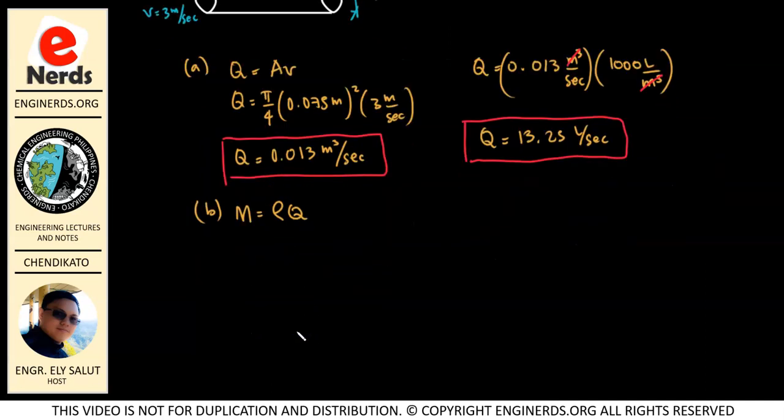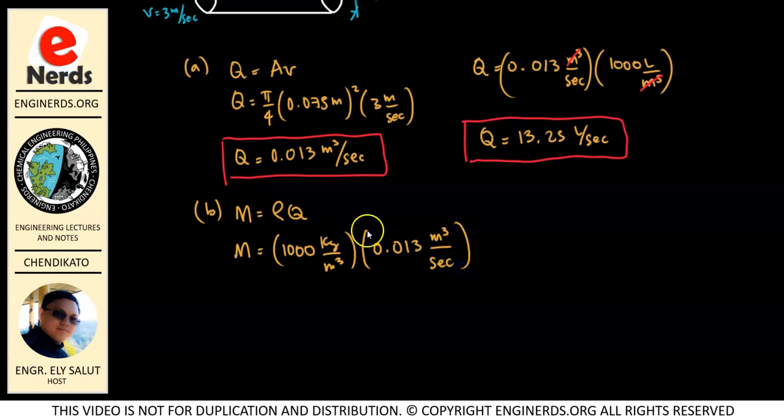So our M is equal to the density of water, which is 1000 kilograms per cubic meter, multiplied by our volumetric flow rate, which is 0.013 cubic meters per second. Our cubic meters will be cancelled out. Therefore, our answer will be in kilogram per second.